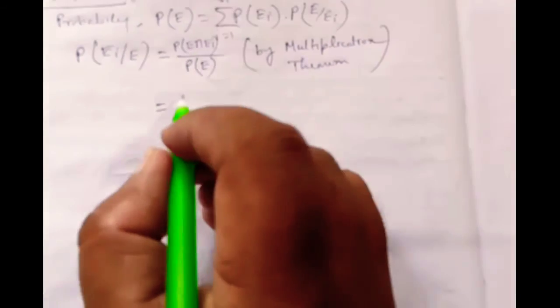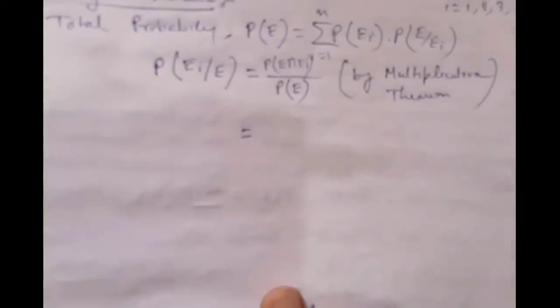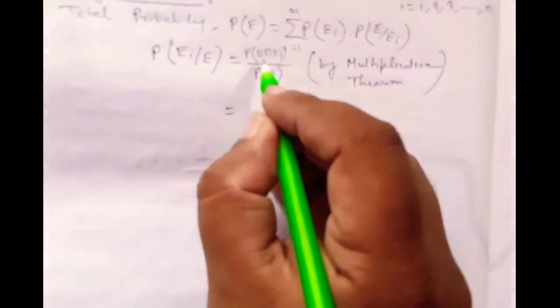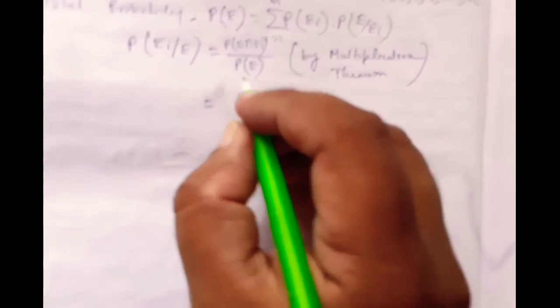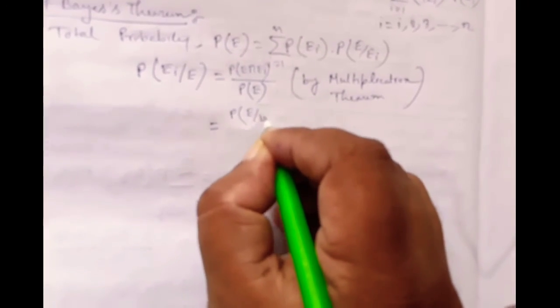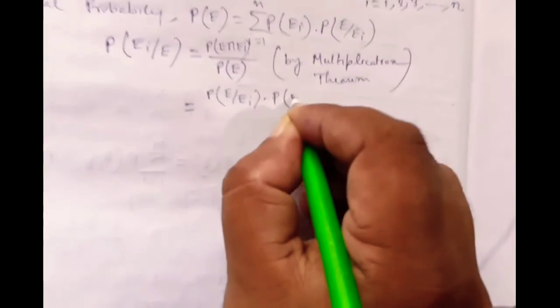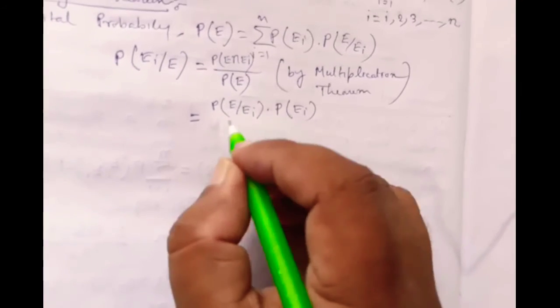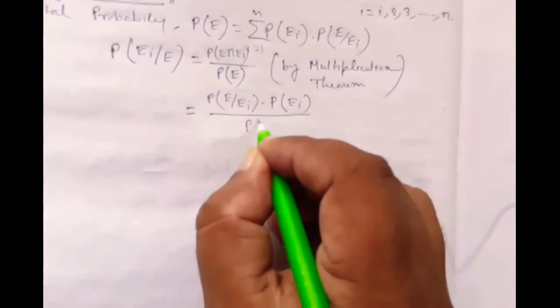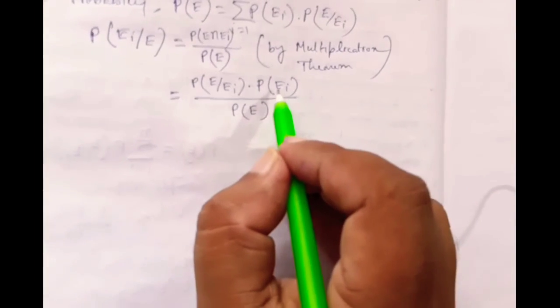Now, this probability of E intersection Ei equals probability of E by Ei into probability of Ei, divided by probability of E. This is by conditional probability.